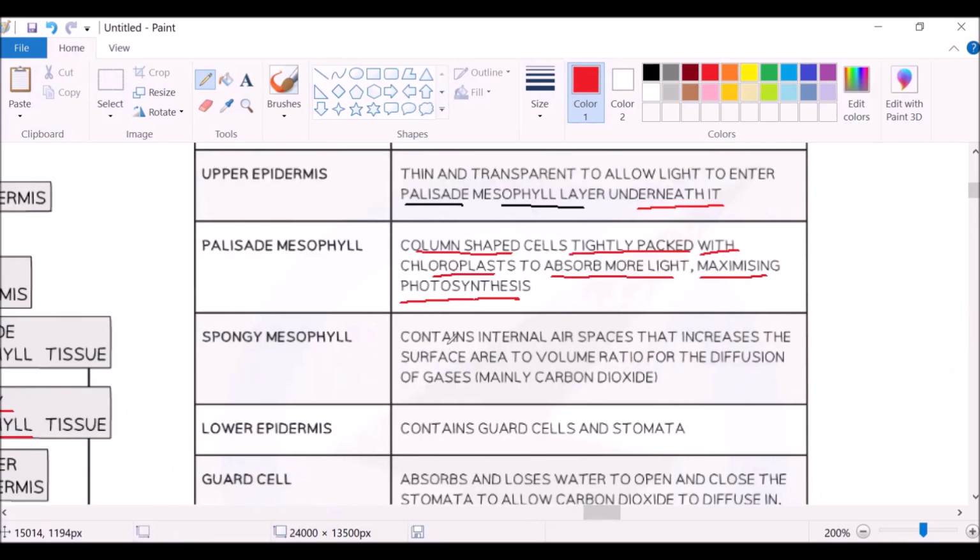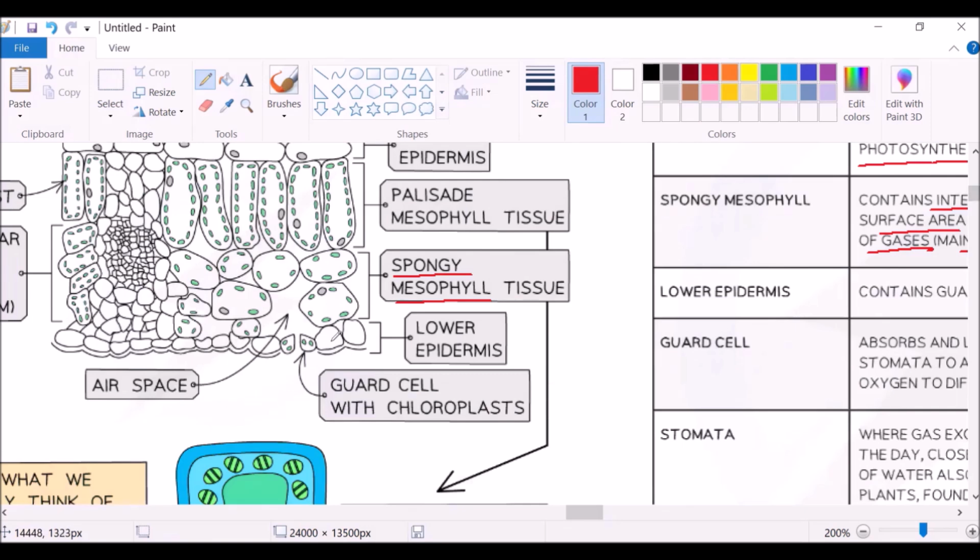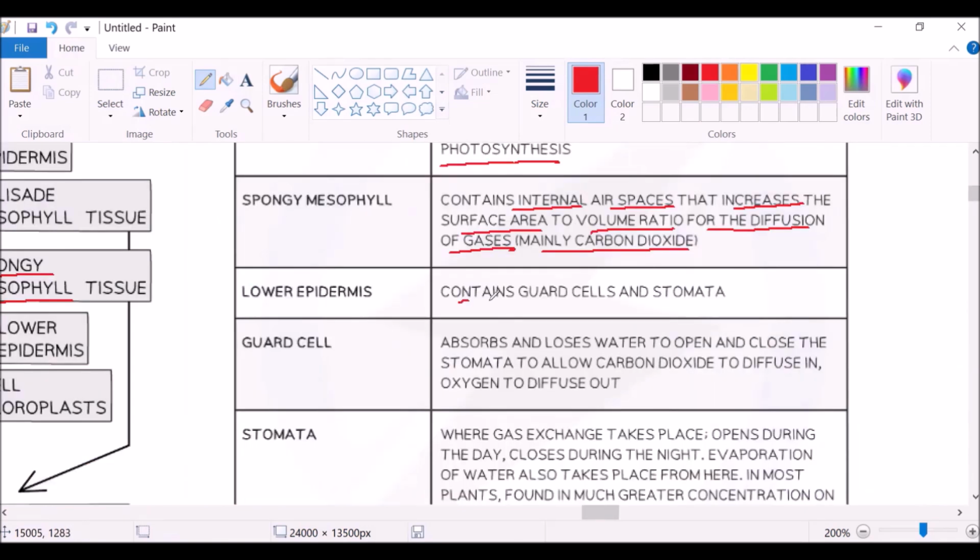These contain internal air spaces that increase the surface area to volume ratio for the diffusion of gases, mainly carbon dioxide. Then we have the lower epidermis, which contains guard cells and stomata.